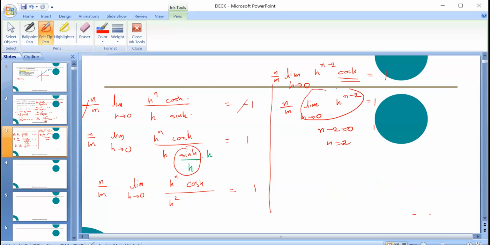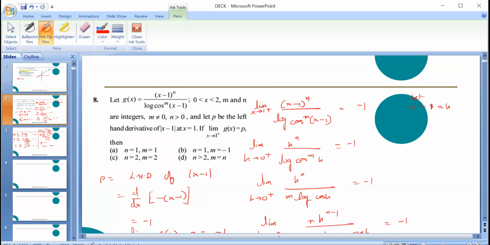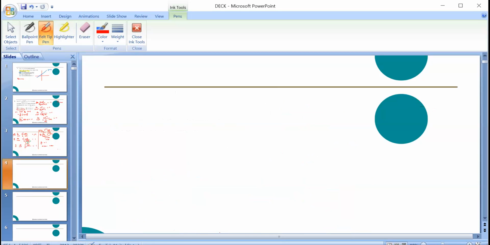Okay, this became 1. Now n is 2, so 2 by m equal to 1. That means m also should be equal to 2. M is 2, n is 2. Option 2 is the correct answer. Next, we will go to question number 9.